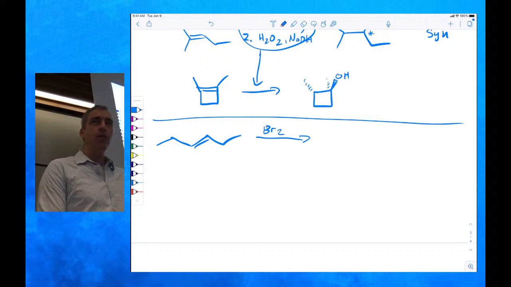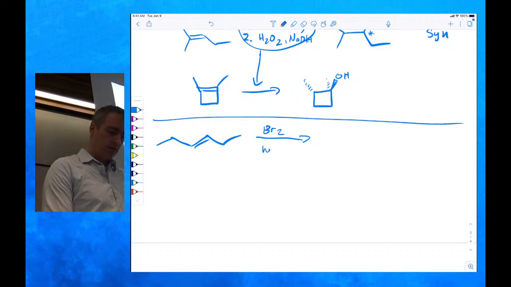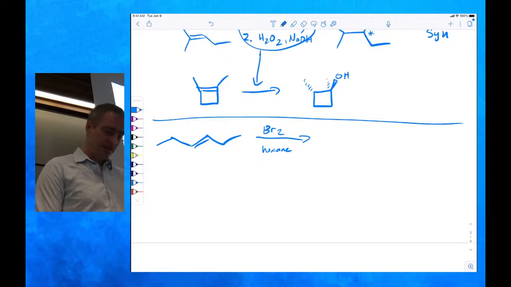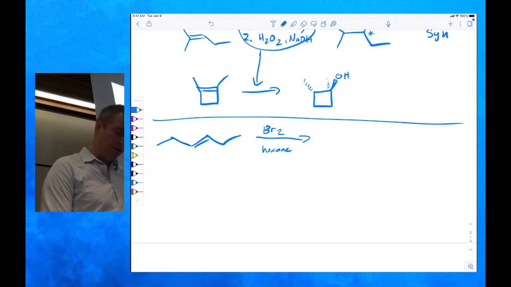And usually we use a nonpolar solvent. Hexane will work here. Often it'll use CCl4 in the book. That's carbon tetrachloride. Nobody uses that anymore. It's banned. That's the Montreal Protocol one. You might see it on tests or whatever, in books, old assignments, whatever. But yeah, hexane is probably more commonly used.